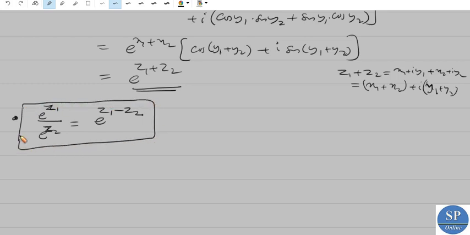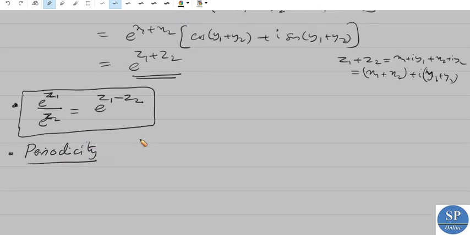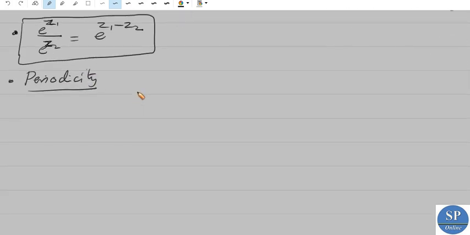Next is the periodicity of the analytic function. Next property is periodicity. In the case of real variables, we know that the exponential function e of x is not periodic. A function f of x is said to be periodic with a period T if f of x plus T is equal to f of x for all x.